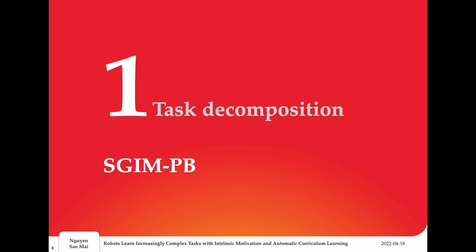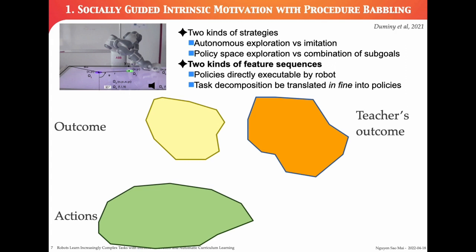For the first implementation, the SGIM-PB, which stands for Socially Guided Intrinsic Motivation with Procedure Babbling, we consider in our big algorithm that we have two kinds of strategies for learning, either autonomous exploration or imitation. And also the robot can try to explore the policy space, the goal space, but also the combination of sub-goals, so the task decomposition.